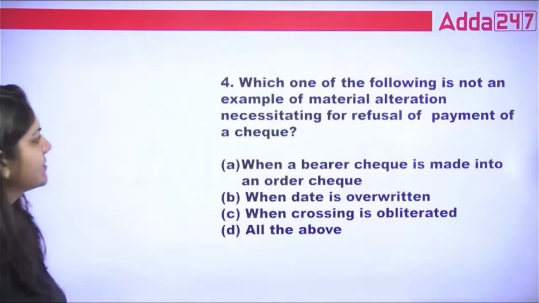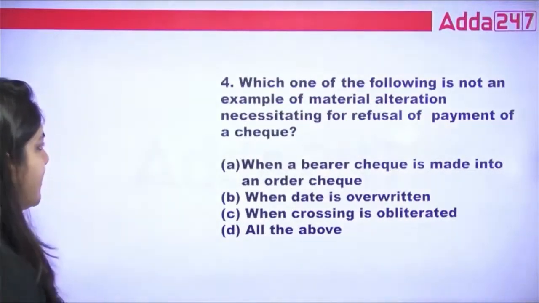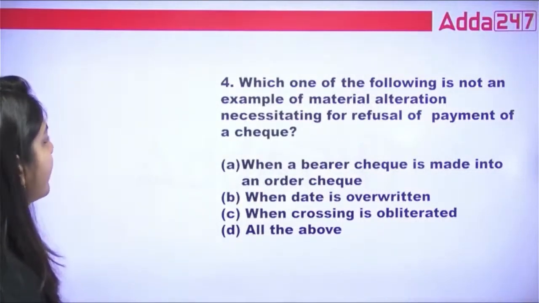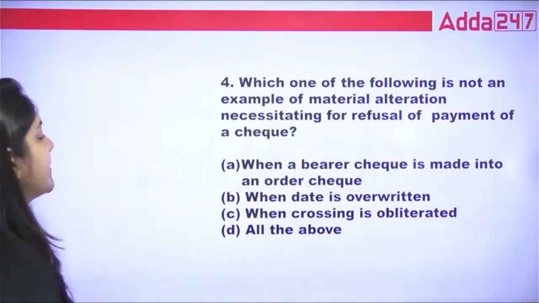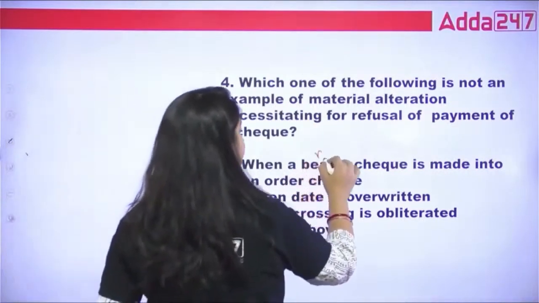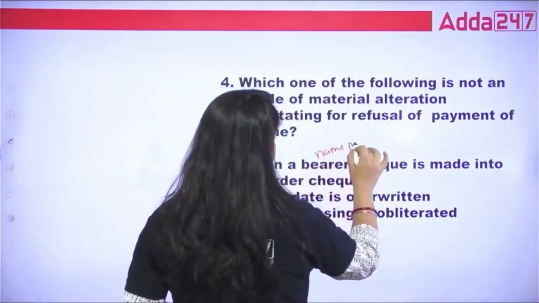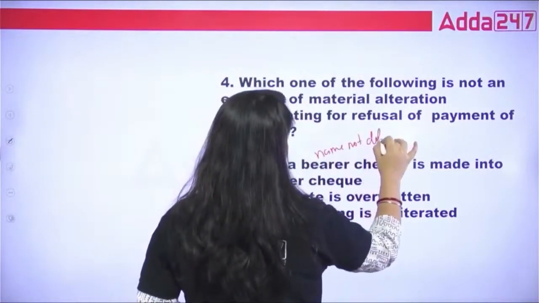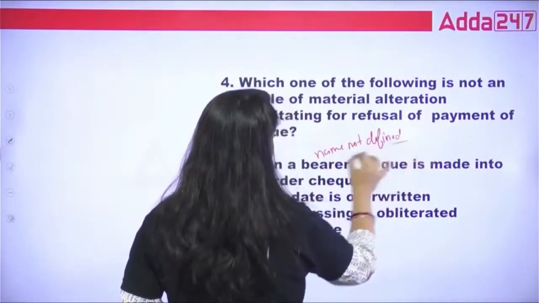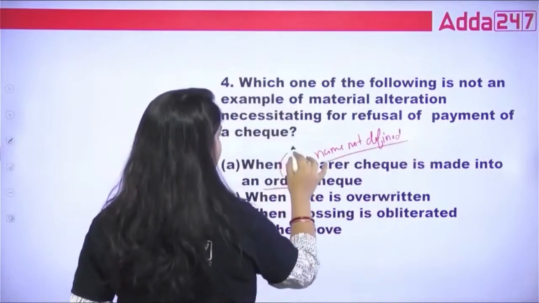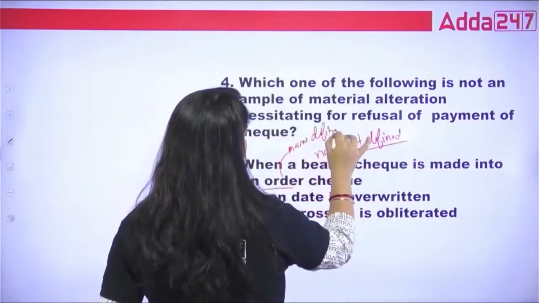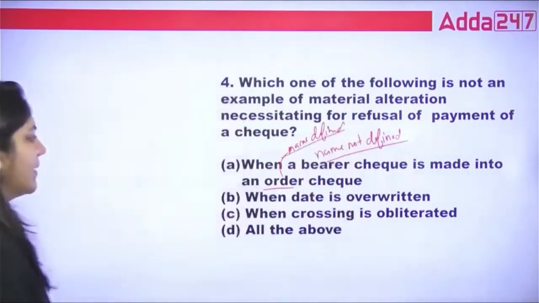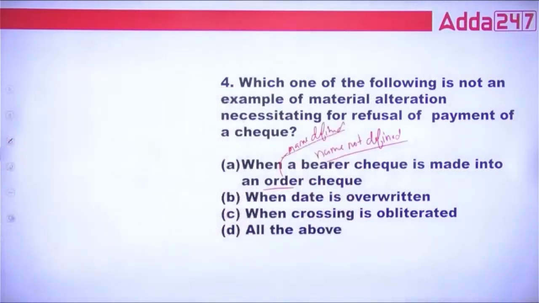Which of the following is not an example of material alteration necessitating refusal of payment of check? When the bearer check is made into the order check, when the date is overwritten, the crossing is obliterated. Tell me, class.